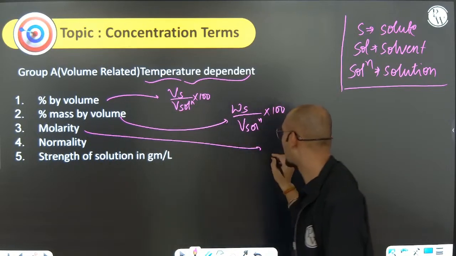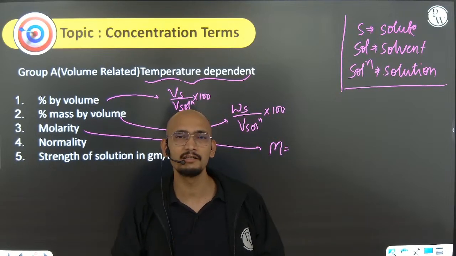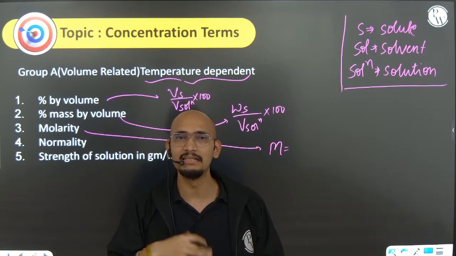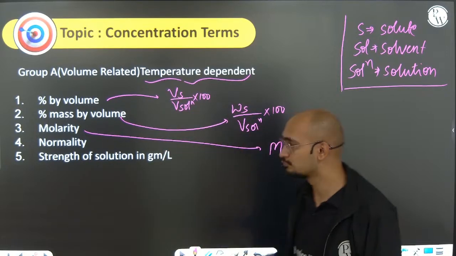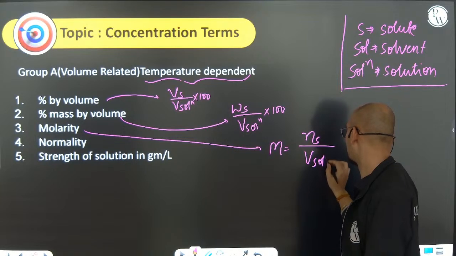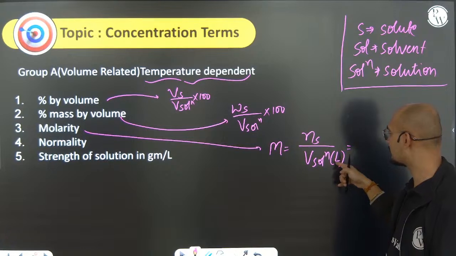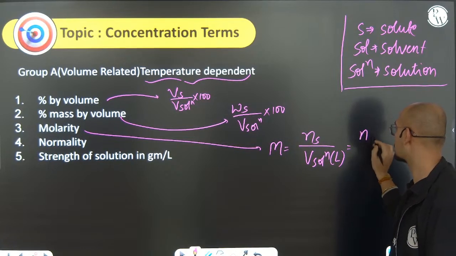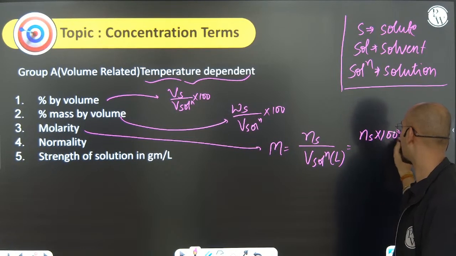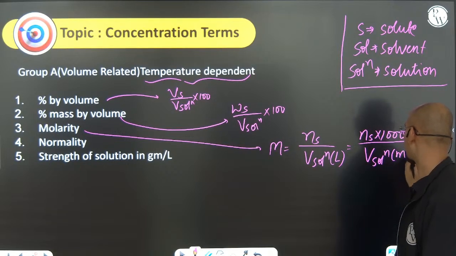Molarity. Molarity is the number of moles of solute present per unit volume of the solution in liters: number of moles of solute by volume of solution in liters. If the volume of solution is in milliliters, multiply by 1000.